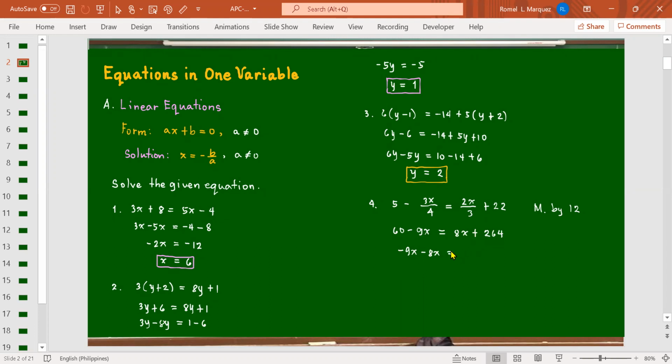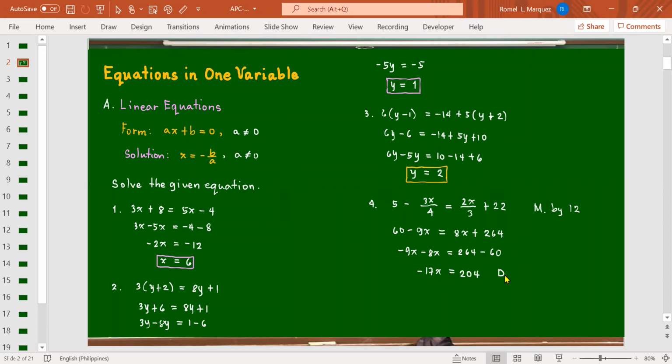And then collecting those constants, in order to get rid of this 60 on the left side, we have to add negative 60 on each side. So getting 264 minus 60 on the right side. Okay, so this is negative 17x, and that is equal to 204.